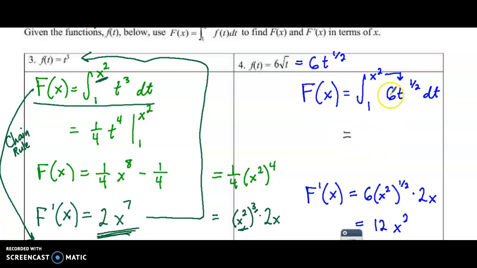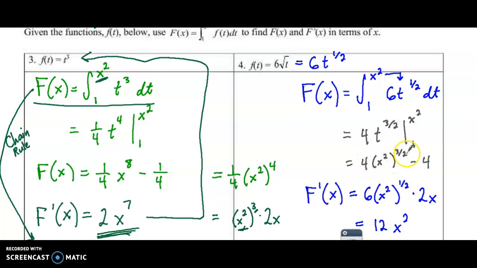So if I did the antiderivative of that, I would add 1 to the exponent, multiply by the reciprocal. Well, 6 times 2 is 12 divided by 3 would give me 4, from 1 to x squared. So if I plug in those values, I would have 4x squared to the 3/2 minus, well, 4 times 1 to any power is still 1, so it would be minus 4.